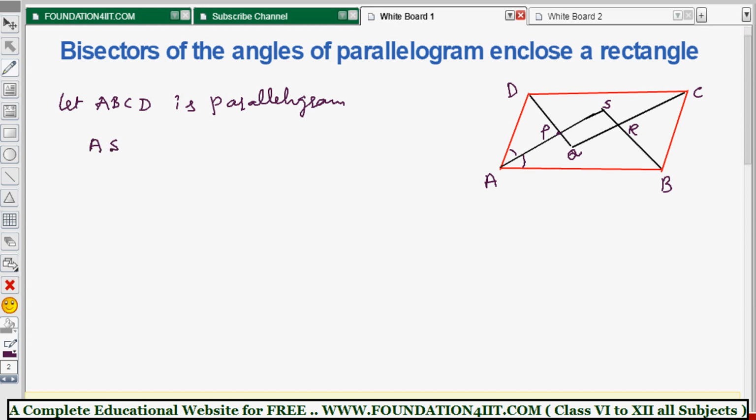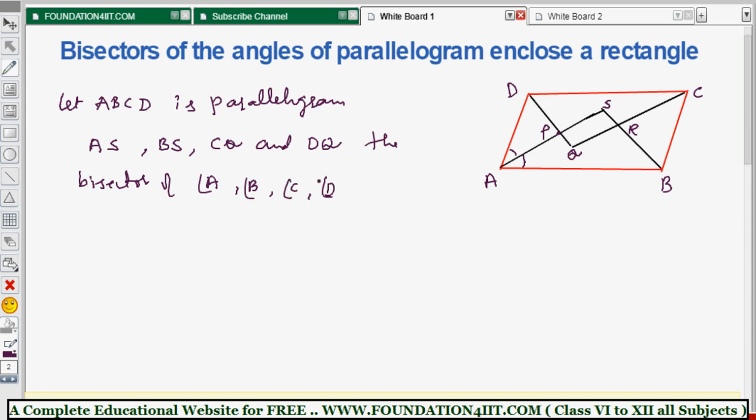So let's take AS as the bisector of angle A, AS and BS, and next to that CQ and DQ. These four are the bisectors of, continuously, angle A, B, C and angle D, right?